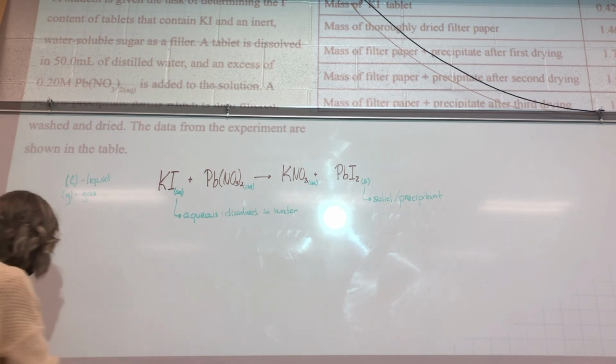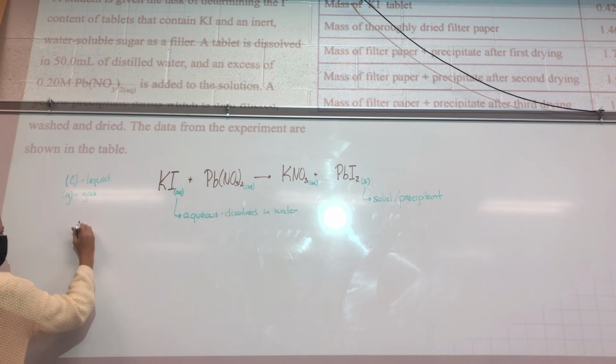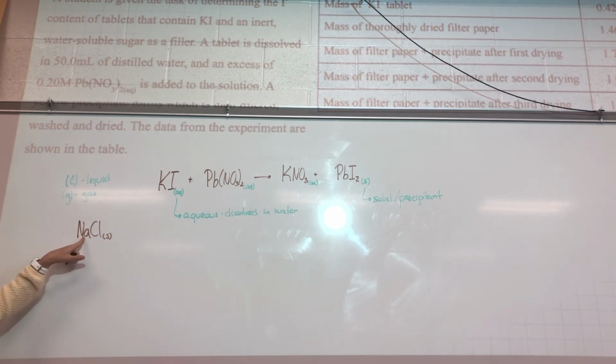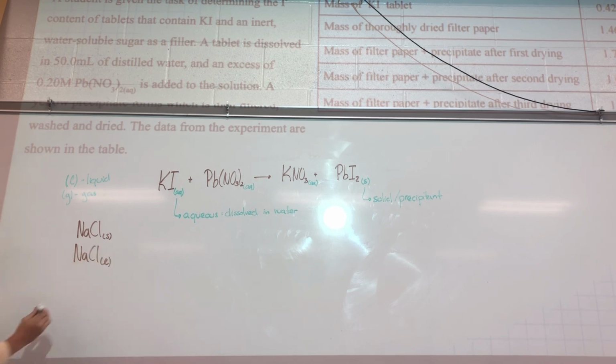It's important to understand in chemistry the difference between these things. If I write NaCl(s) like that, what does that mean? That's solid table salt, like sprinkling it in. If I write it like this, NaCl(l), what does that mean?